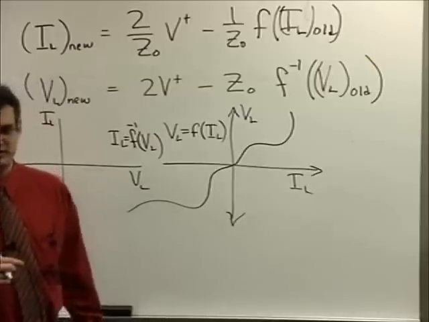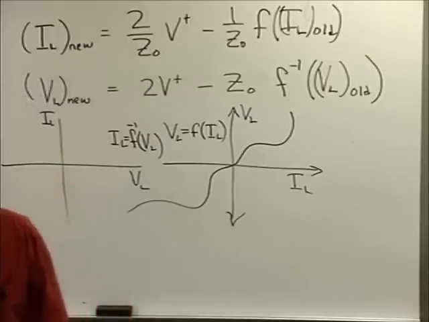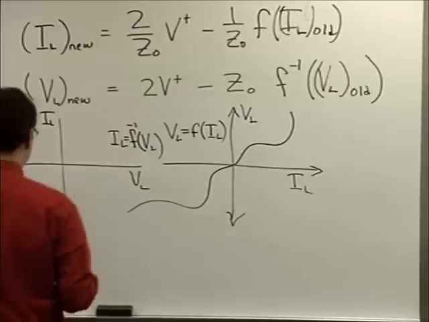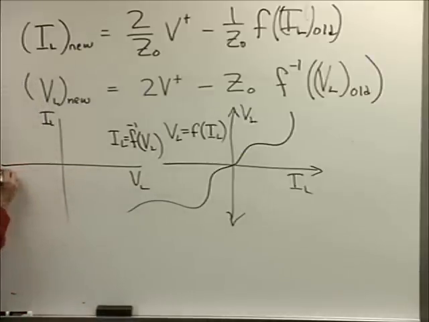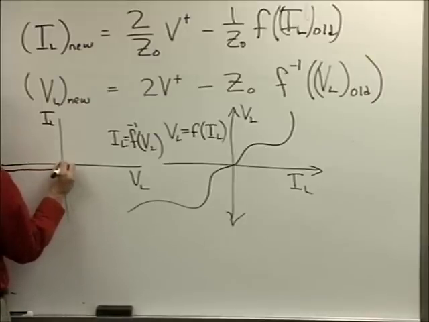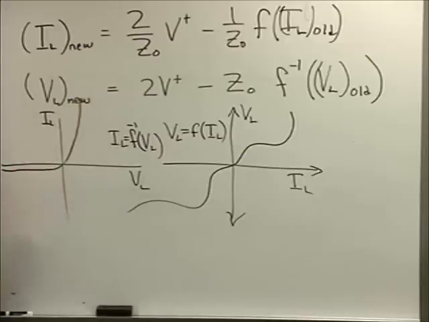What did you study in 3041? What kind of device did you study? Diode, that's right. What did a diode look like? That was a very nonlinear device. It had a very small reverse saturation current, crossed the V sub L equals 0, I sub L equals 0 point, and then rapidly exploded. Lots of current with respect to a little bit of voltage once you surpassed a certain threshold.